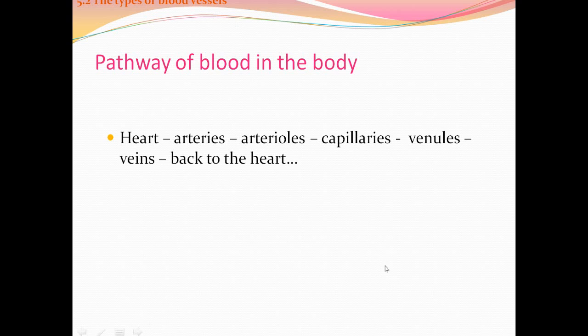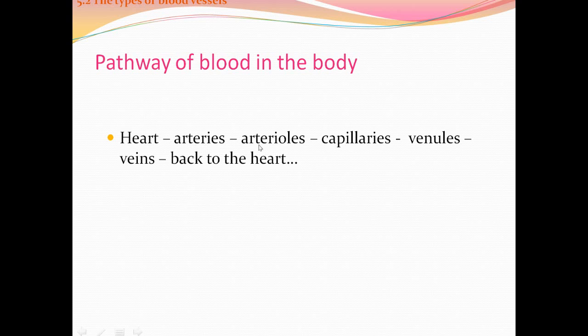Okay, now the normal pathway of blood is something that you probably learned a long time ago. So we start at the heart, and then we're going to go out arteries, and arteries take blood away from the heart. Usually when we picture arteries, we think of them as being red.